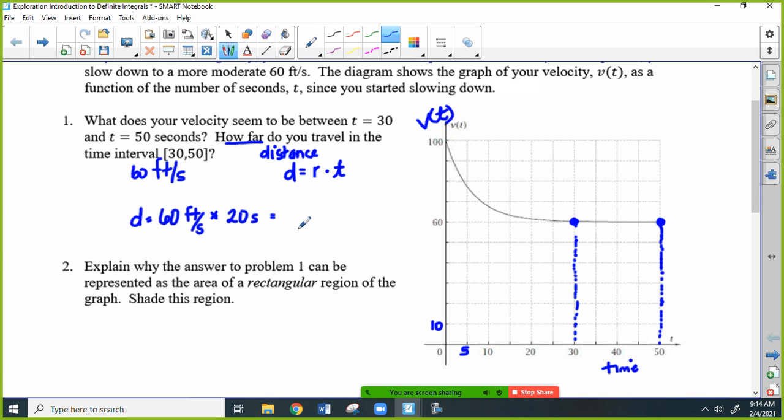You need an extra 0 there, Will. Right? So 6 times 2 is 12, but yeah, we've got 2 zeros. So it actually ends up being 1,200 feet.